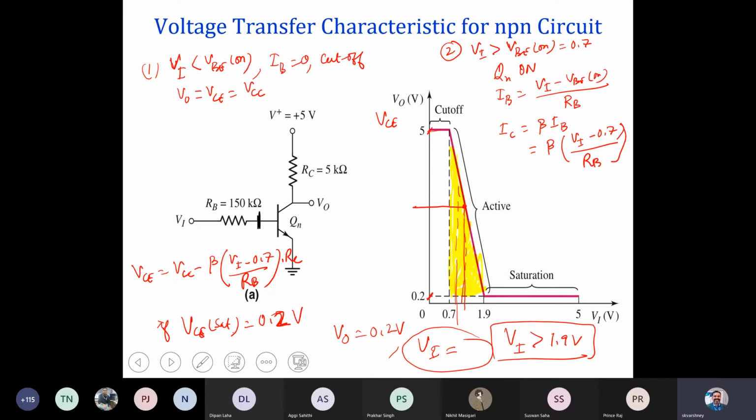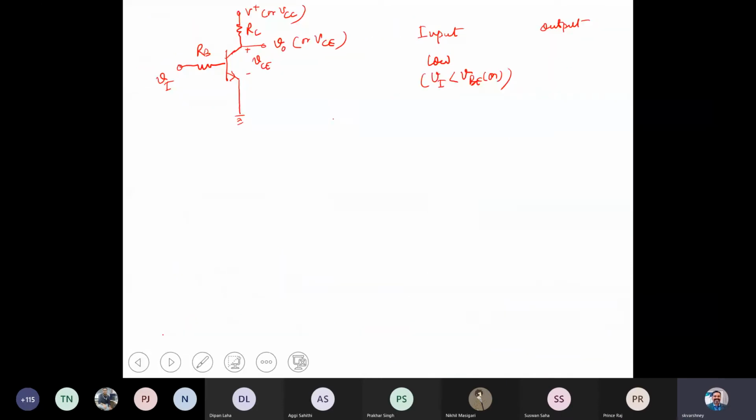Input is low means IB would be 0, and IB being 0 means IC, the collector current, is 0. So the output voltage would simply be clipped to the VCC, that is V plus. So the output is high, and the VC is nothing but V plus or VCC.